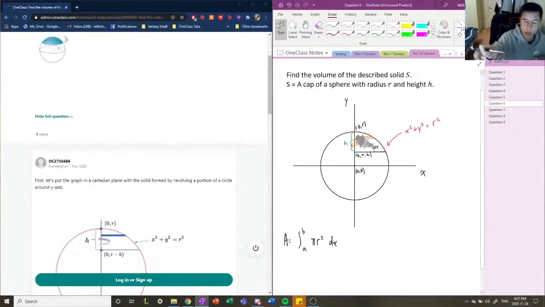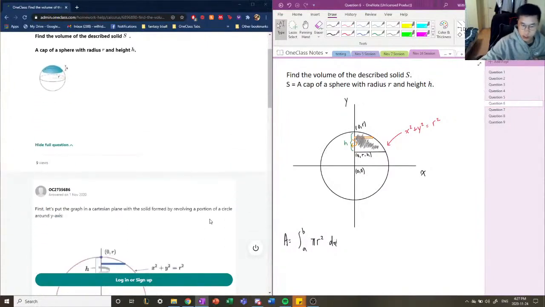If you rotate this around, we will have a radius of cross-sectional circles within this circle, right? So our strategy here is to add up all these circles within this region, and that will be equivalent to the volume of our described solid.